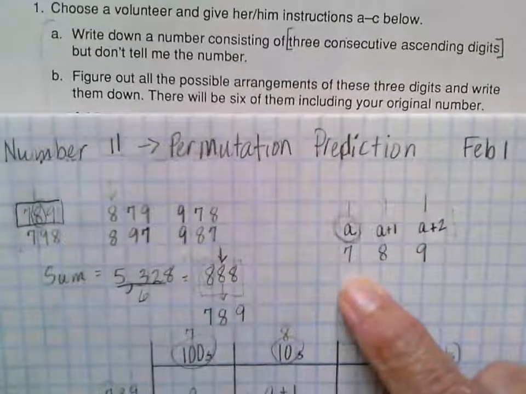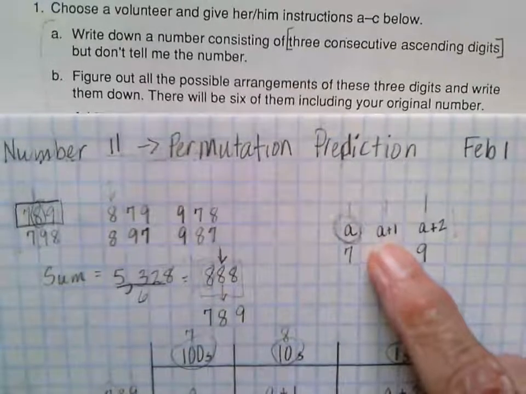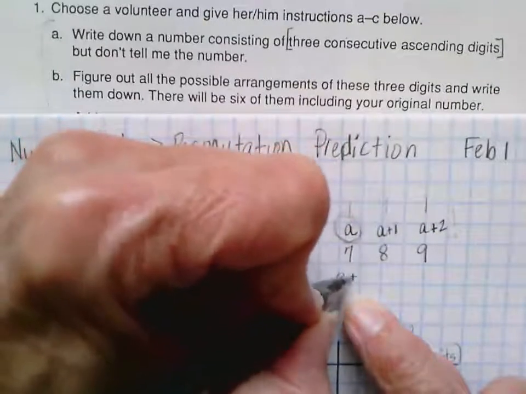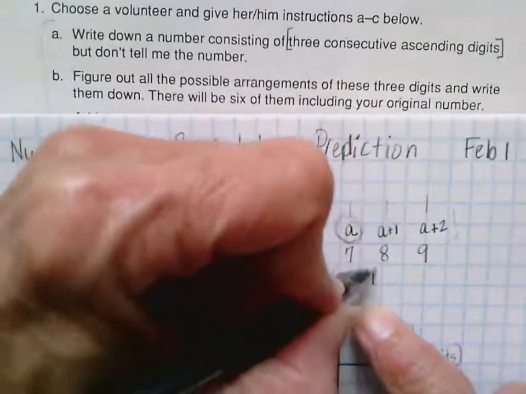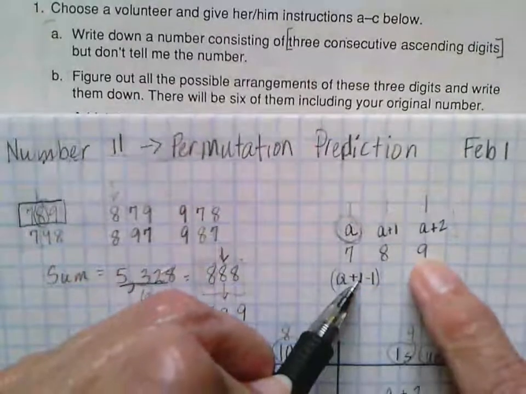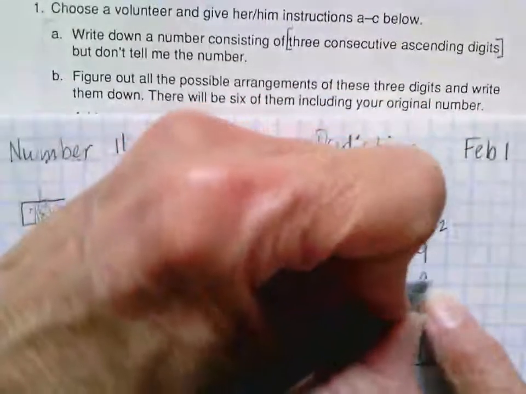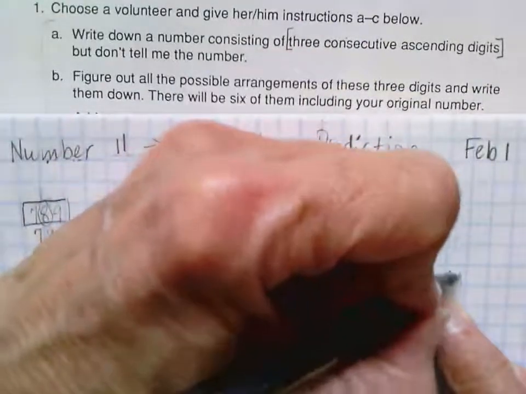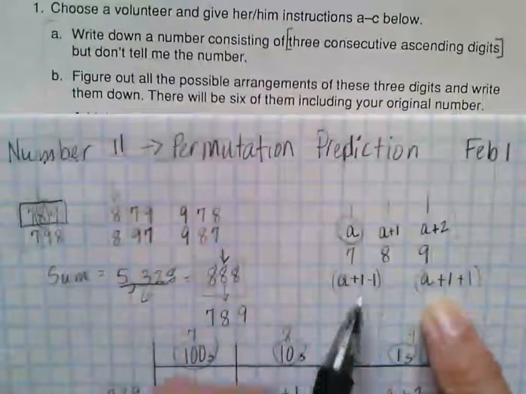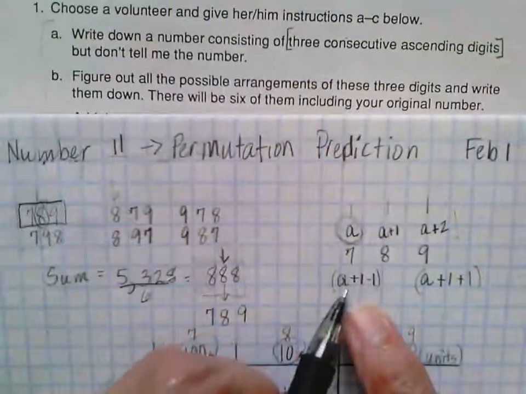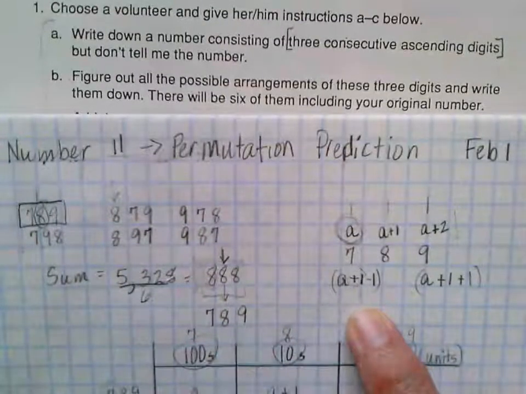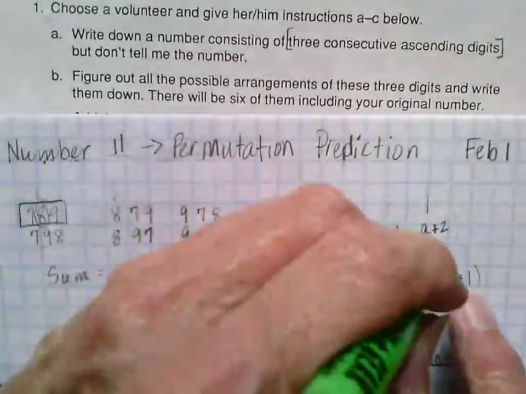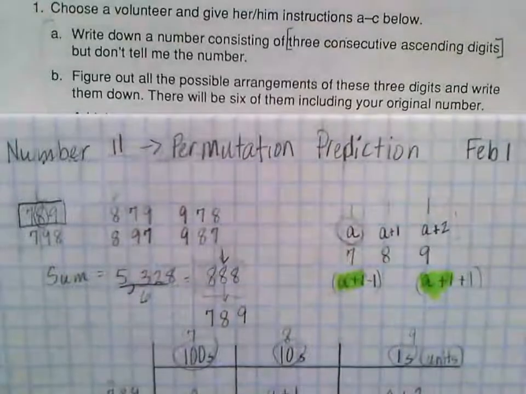So your first digit in terms of a would be a plus 1 minus 1, which is simply a. This one is 1 less than a plus 1. There's our a plus 1. And this one is 1 more than a plus 1.